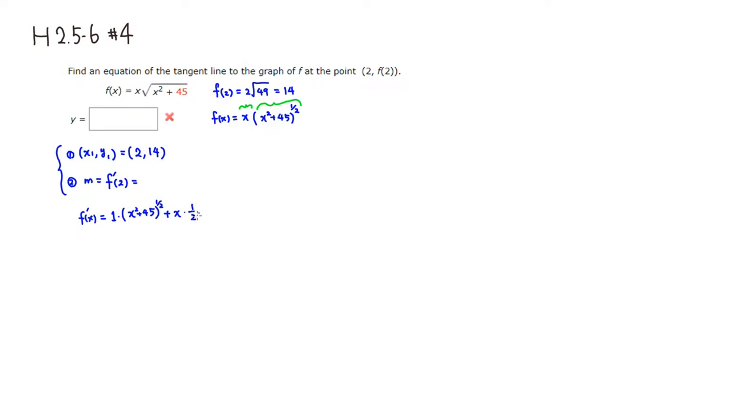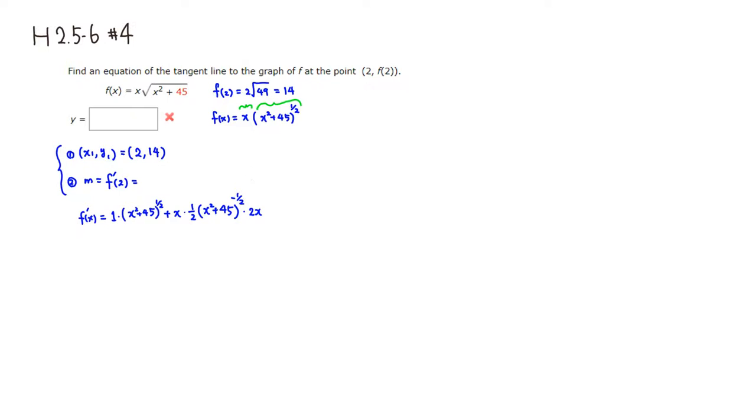So put 1/2 in front and keep the same inside function, and reduce the power by 1, so 1/2 minus 1 is negative 1/2. Then multiply by the derivative of the inside function. Derivative of x squared is 2x, and derivative of 45 is 0, so you just get 2x.